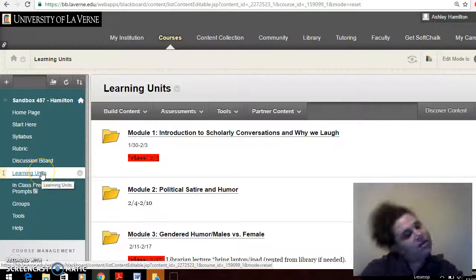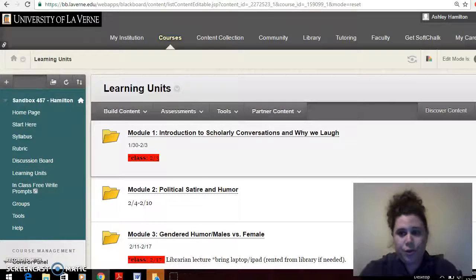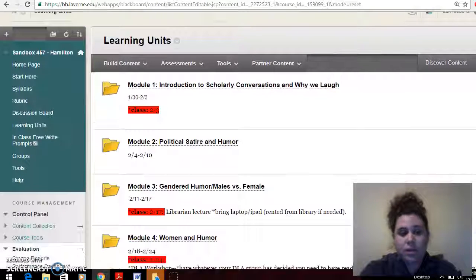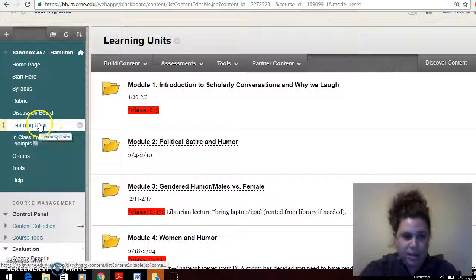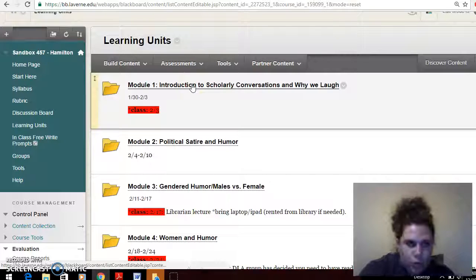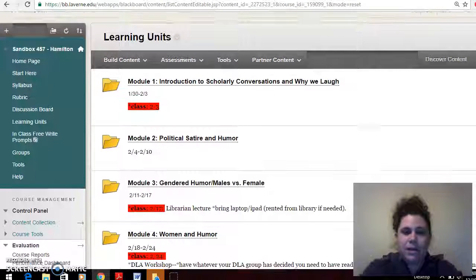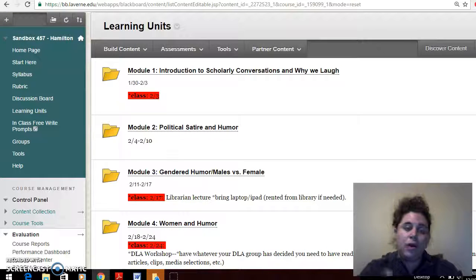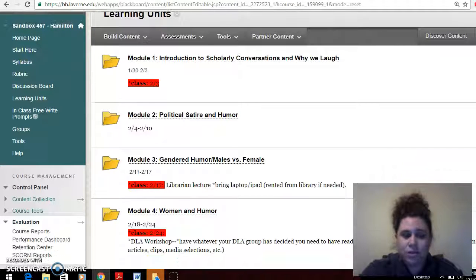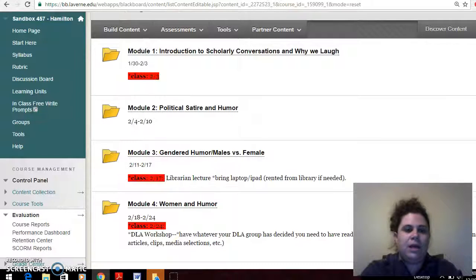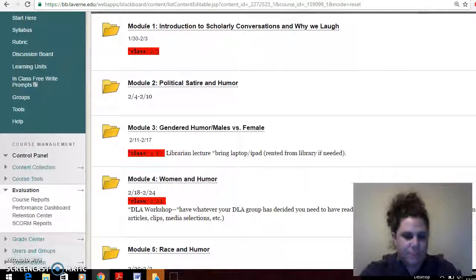And then the last major section I want to show you is learning units, which is right here. This is essentially the course schedule and how the course is broken up. It's broken up into modules. Each module equals 1 week in the semester. Since it is hybrid, we don't meet every Friday, but we meet most.